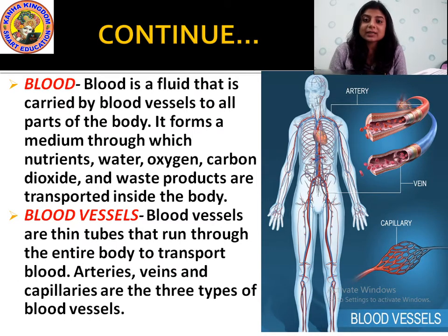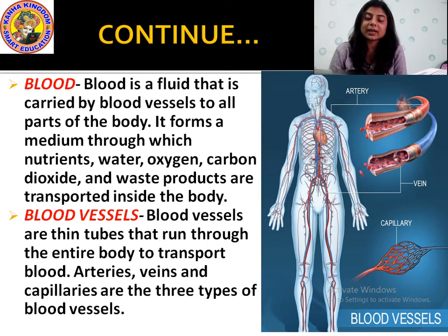Okay, the water that we drink is carried by the blood. It gets mixed up with the blood in our body and is transported throughout the body. Then oxygen. Our body also needs oxygen. It is also transported by this blood which is carried by blood vessels. Then the carbon dioxide and the waste products.